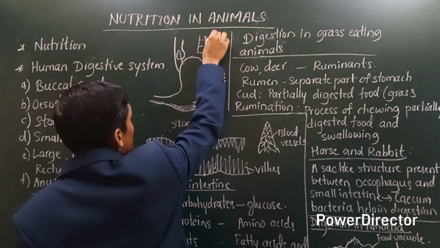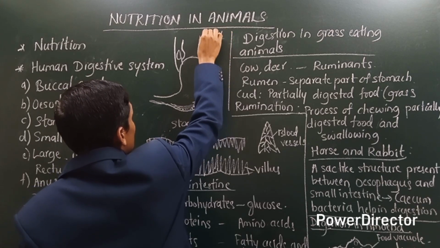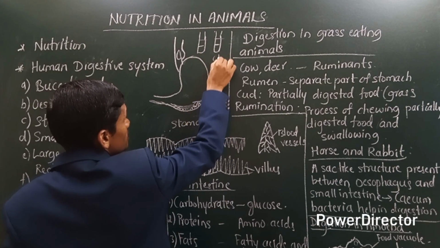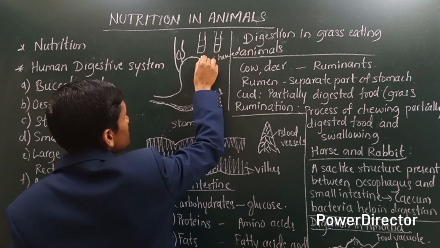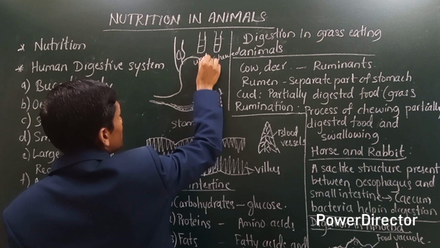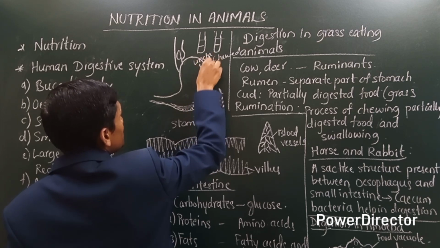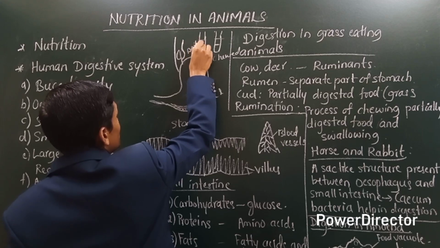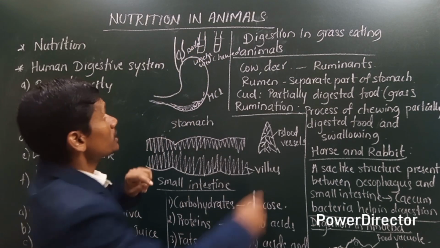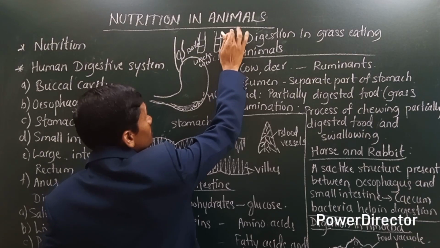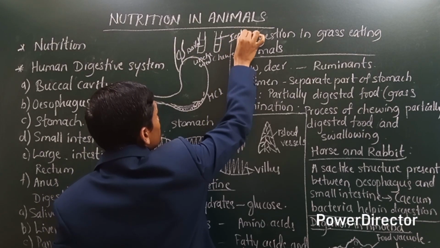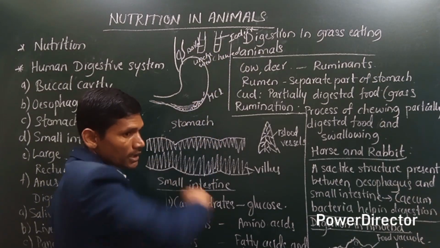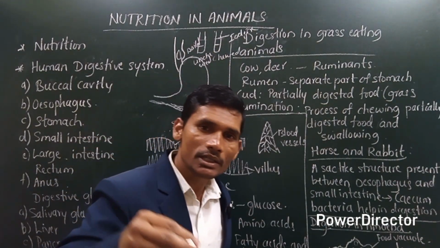After adding water, you add the boiled rice. For example, this one is unchewed boiled rice. What happens if you put 2 to 3 drops of iodine in this? If it changes to blue black color, it says carbohydrate is present.